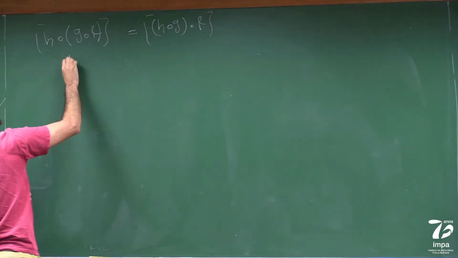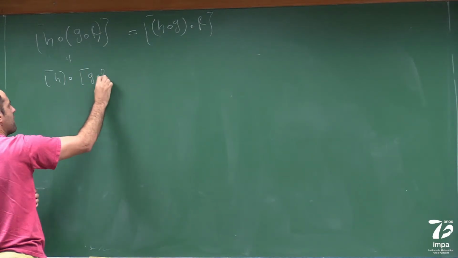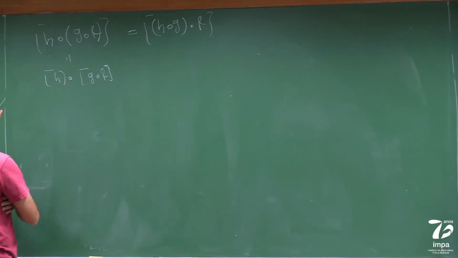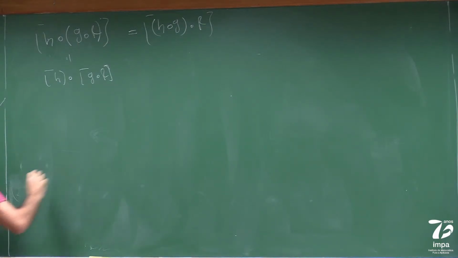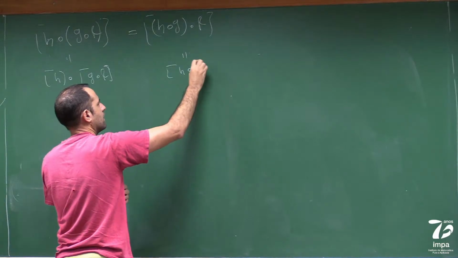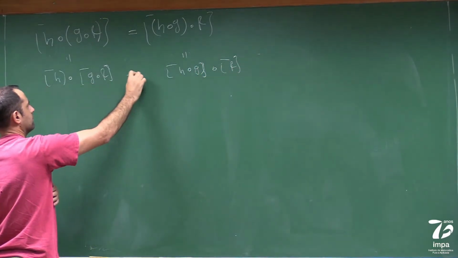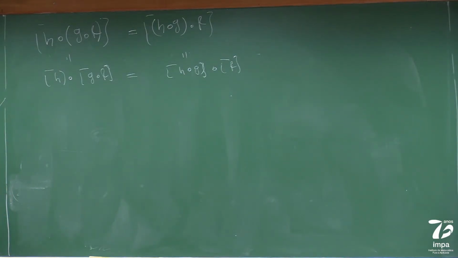And this by definition is the class of H composed with the class of G composed with F. That's just the definition. And this by definition is the class of H composed with G composed with the class of F. So I have this equal.